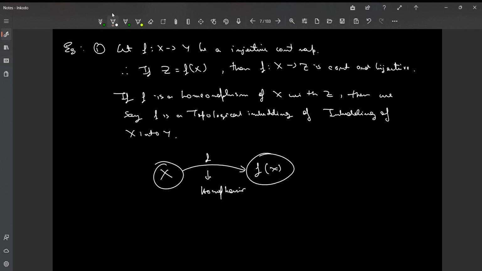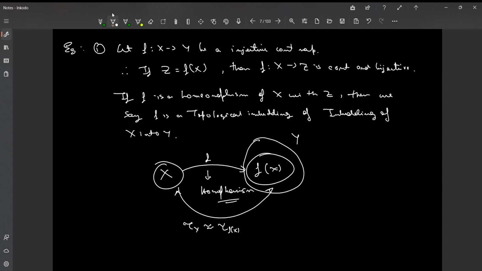we map it to f of x, we say this is a homeomorphism, but that means both of them have similar topological structure. Tau x is similar to tau of fx, let's say. So fx is basically a subspace of y.